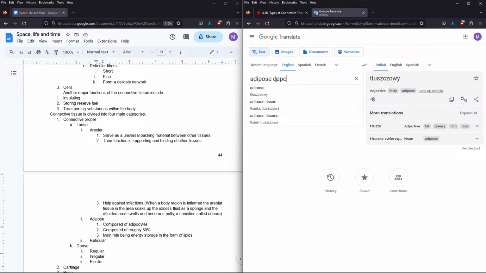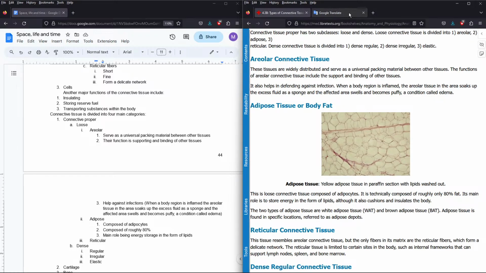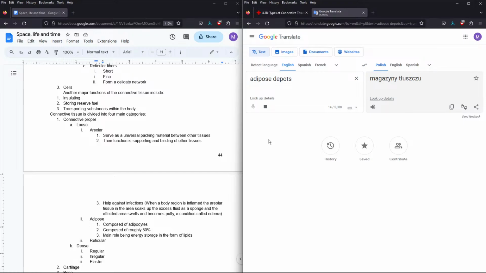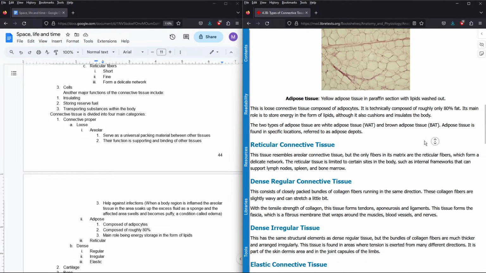Adipose. Depots? Wait, I can't even spell that. Depots, yeah. Adipose depots. Oh, you are just unbelievable. Depots, that would be so much more fun. Adipose depots.